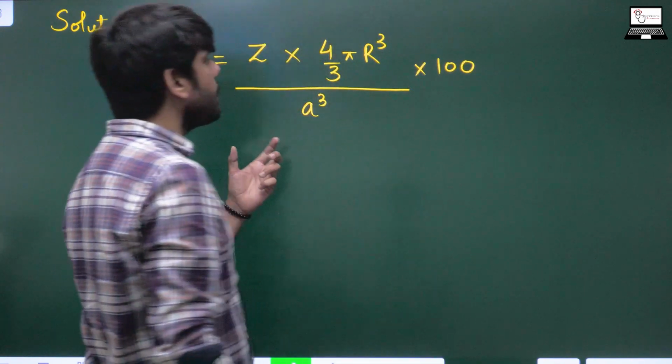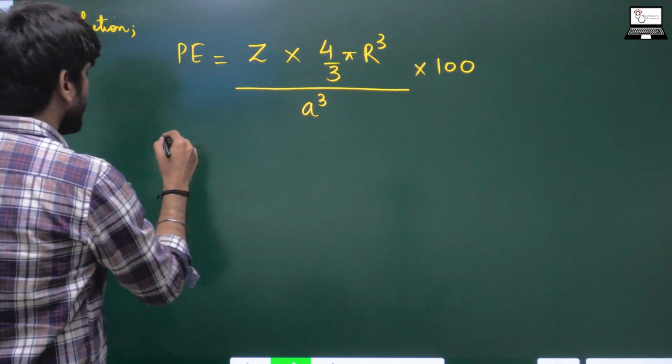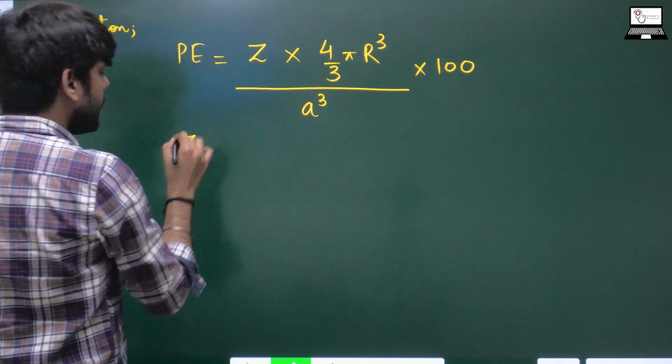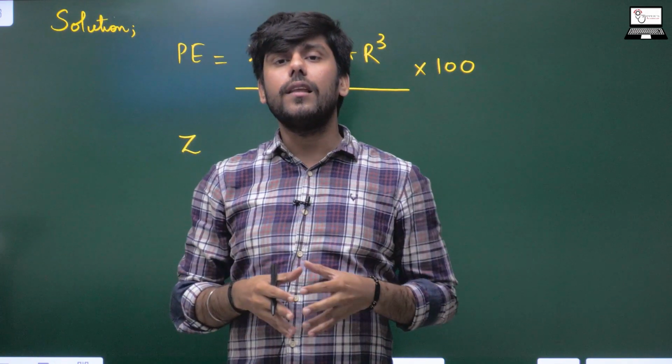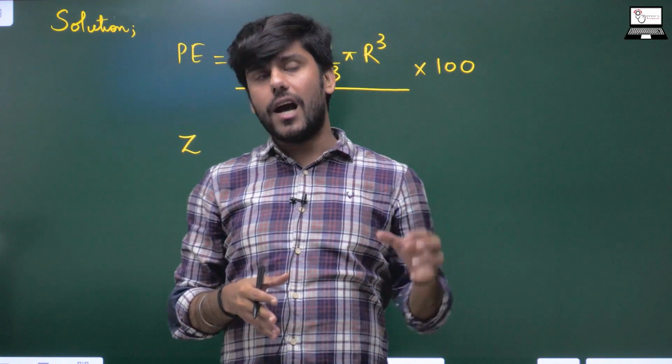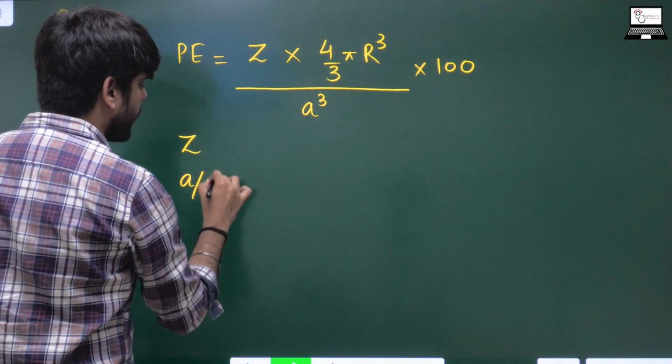This is the formula for the packing efficiency. Now, in order to find the packing efficiency, I require two things: Z, the number of atoms, where I also incorporate the contribution of each atom, and the a and r relation.